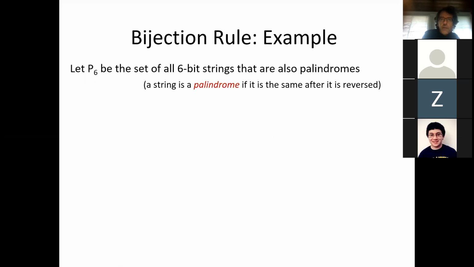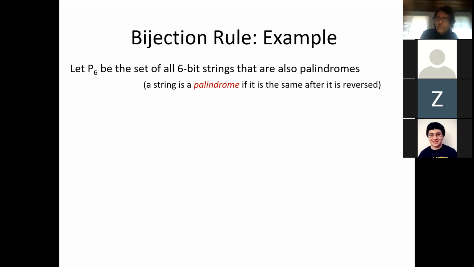Okay. Here is another example of a bijection rule. Let's say P6 is the set of binary palindromes of length 6. In other words, these are six-long bit strings that have the palindrome property: if you read this bit string left to right, and then you read it right to left, it's the same bit string.